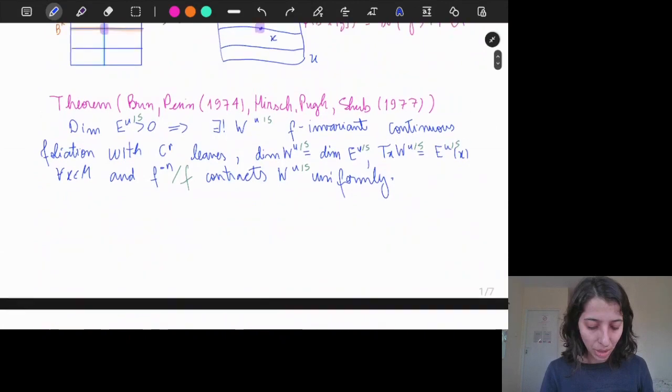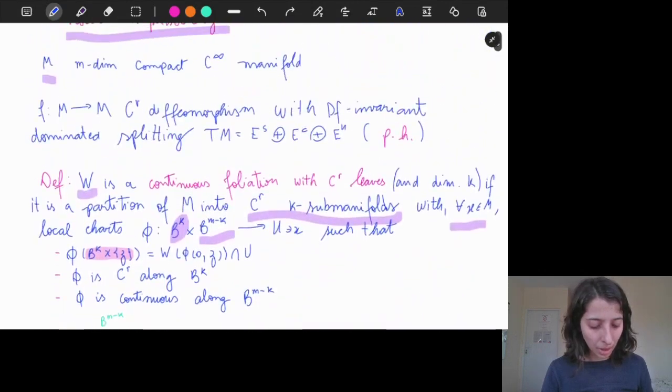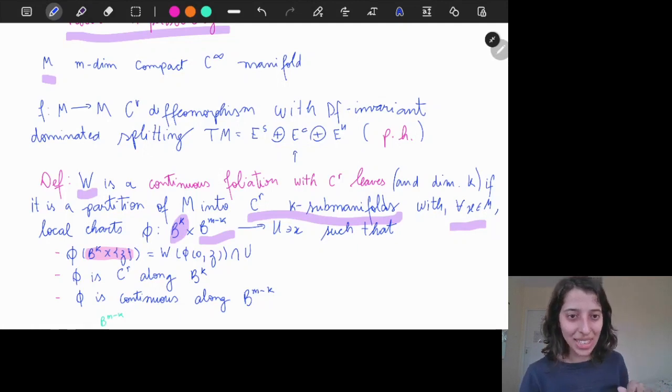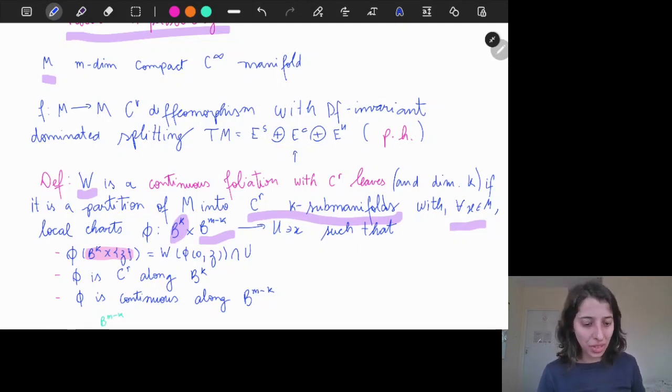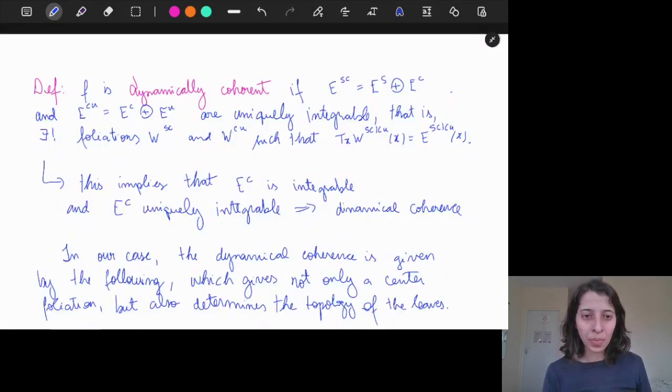And then, so here we have unstable and stable foliations. But our tangent space is decomposed in three subbundles. And if E^C is non-trivial, that is our case here, we don't know in general if this direction also integrates to a foliation.